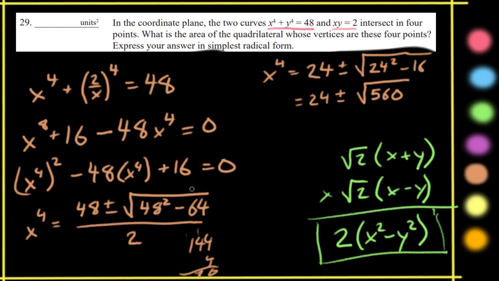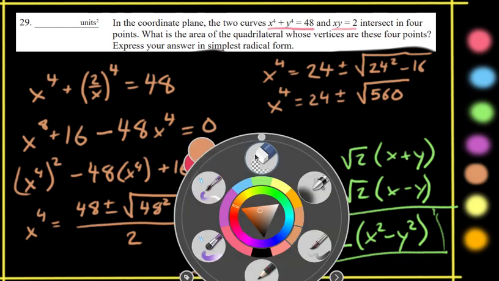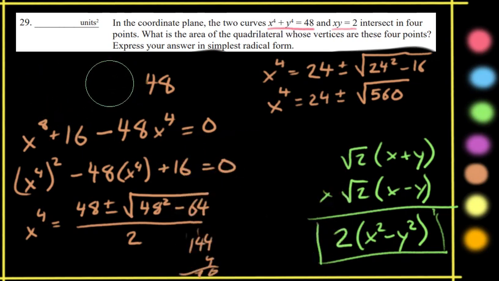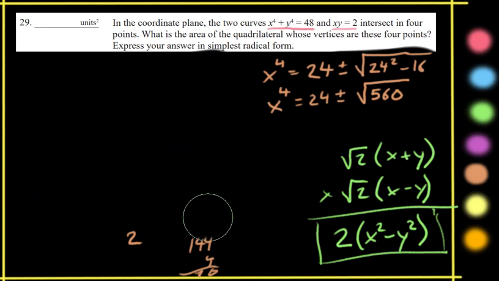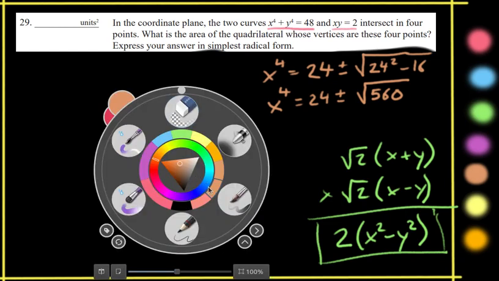Okay, very good. I'm going to make some more room now, because this is x to the fourth, and what we really want is x squared. It turns out that this is also y to the fourth. It's the plus and minus that gives us the y to the fourth as well as the x to the fourth.